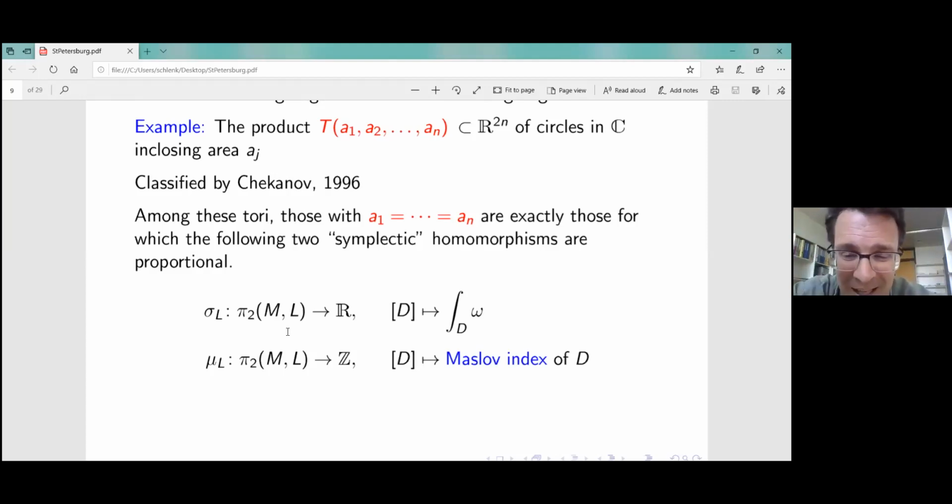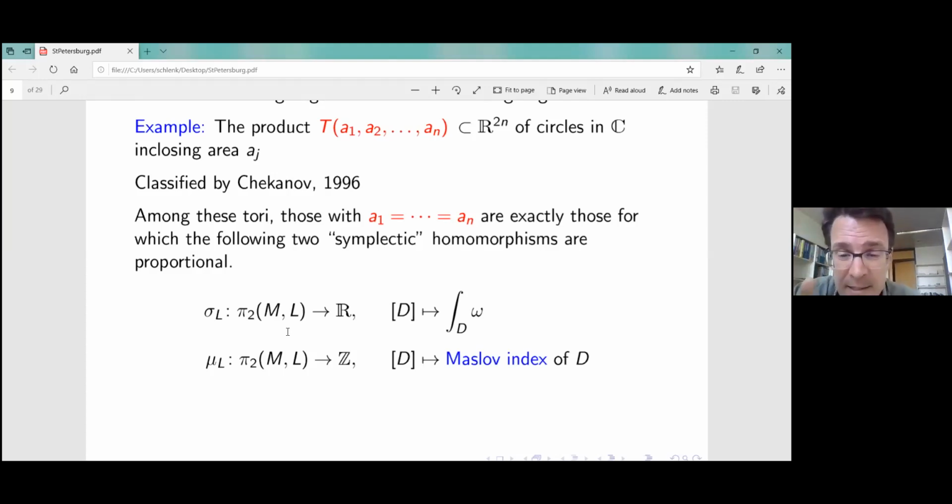So the Maslov index of a circle in the plane is 2, because it's the non-oriented thing. It goes twice around. When you do a half turn, the tangent line goes around once, and then you close up, so 2. So this is something like a winding number for the Lagrangian measured along disks that you trivialize and look at the boundary. So I don't want to be precise here.